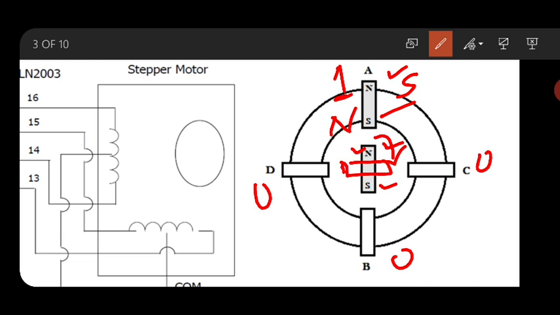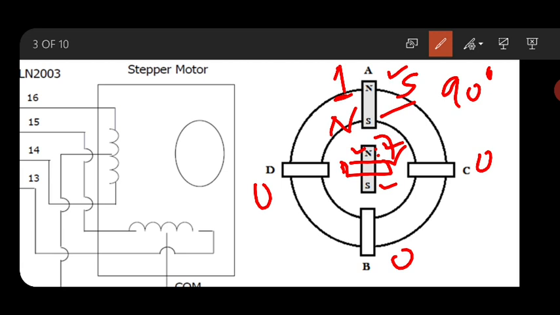Now why will it move here? Because the N pole of the rotor and the N pole of the stator will repel, and immediately it will take a horizontal direction, as good as a 90-degree rotation. Now where have you applied the signal?